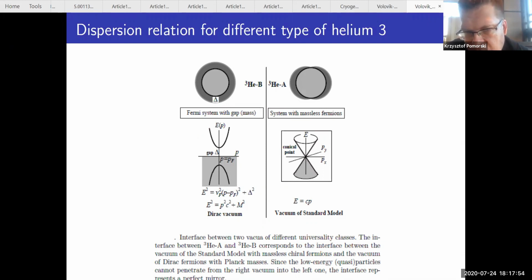And in the case of helium-3A, there's a linear dispersion relation, E is c times p. So essentially this is like a photonic mode. So you get different types of vacuum.